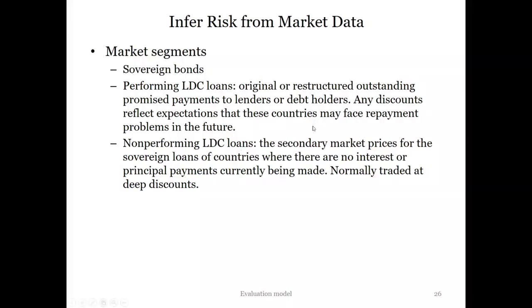They are loans that haven't generated any interest or principal payments for a while. We can say default status, but not default, just delaying payments, right? Those loans are usually traded at a very, very low price, a huge discount.